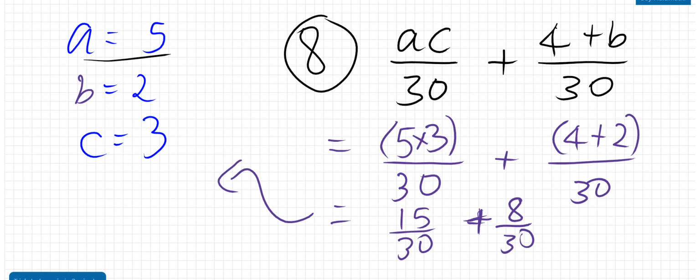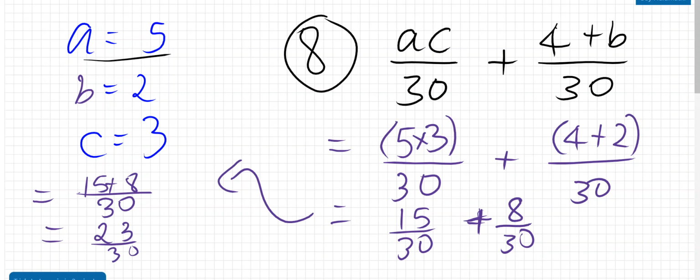So let's add 15 plus 8. So my next step, I will have 15 plus 8 over 30. They both have the same denominator. Equals, and 15 plus 8 leaves me with 23 over 30. Now, it's a proper fraction, and I can't simplify that any further.